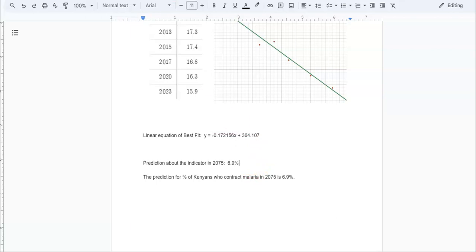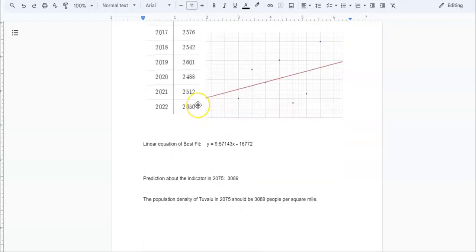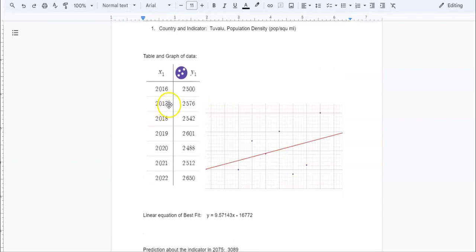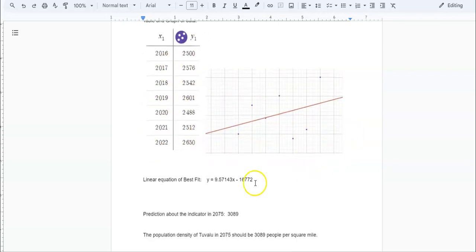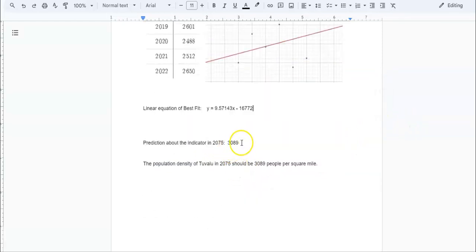And here is the model that is shown for you, just another one. So table, graph of the data, like these blue points are these coordinates. This is the trend line. This equation of best fit matches this trend line and a prediction of 2075.